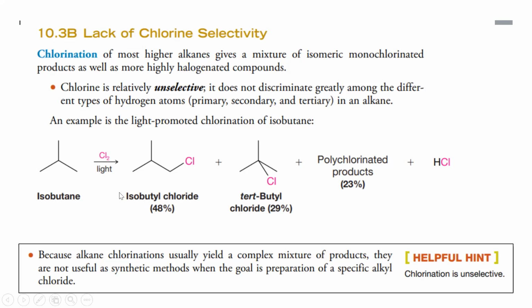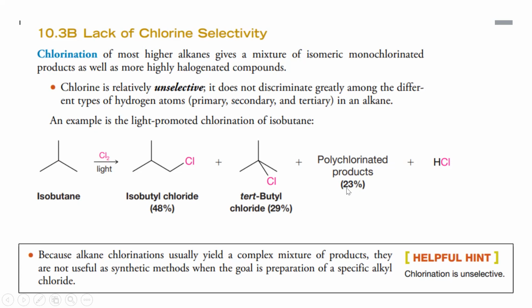So for example, here you have isobutane, another alkane, in the presence of halogen and light, and you can substitute this hydrogen or you can substitute this hydrogen. There is a greater number of hydrogens here, so you produce a greater yield of isobutyl chloride than tert-butyl chloride.